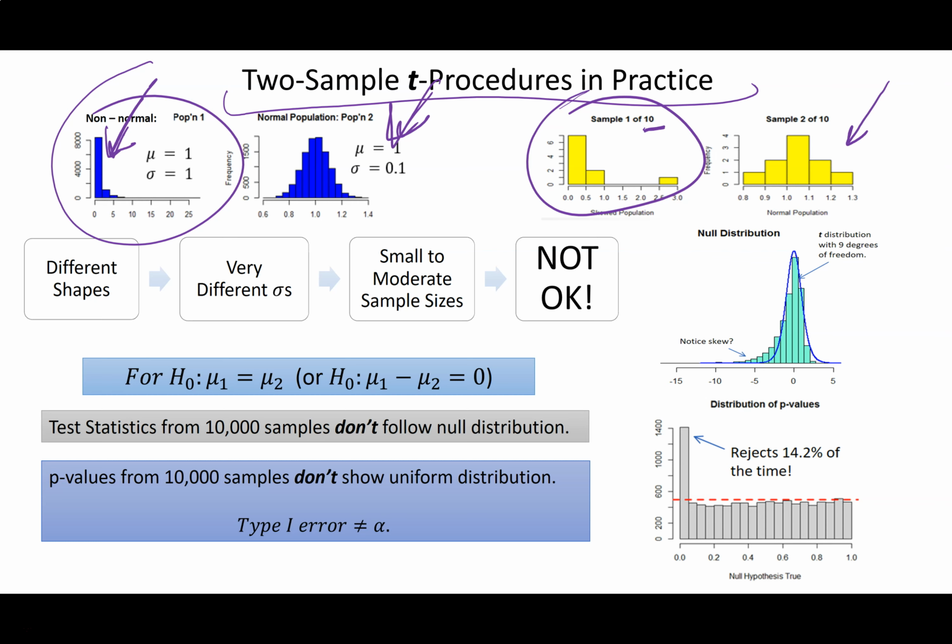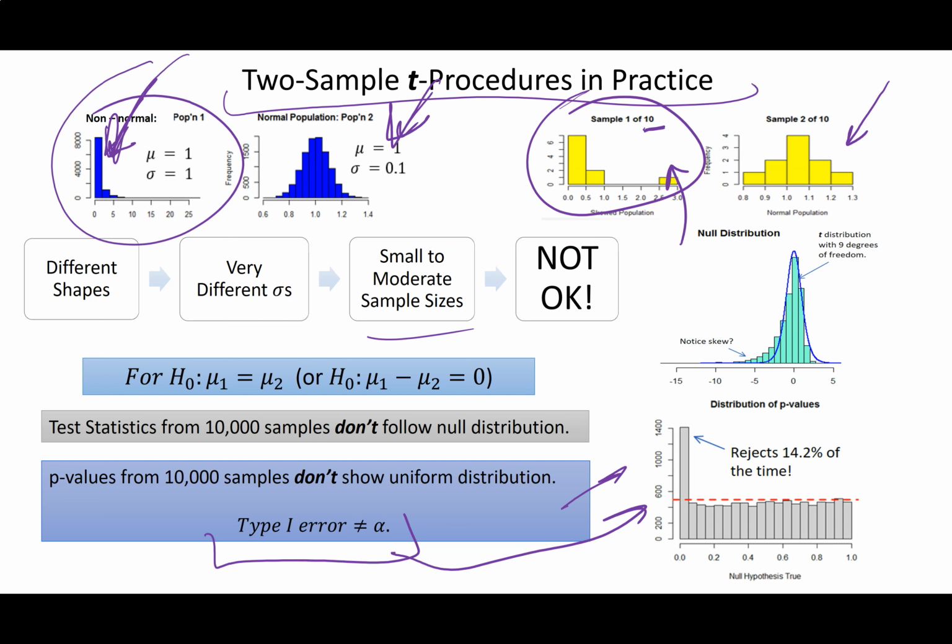So you need both of these samples to be okay. And so even for small to moderate sample sizes, you're going to need to have at least 30 from population 1 if you know population 1 is so skewed. And once again, the consequence is that your type 1 error rate becomes very, very high. Here, it should happen about 5% of the time.